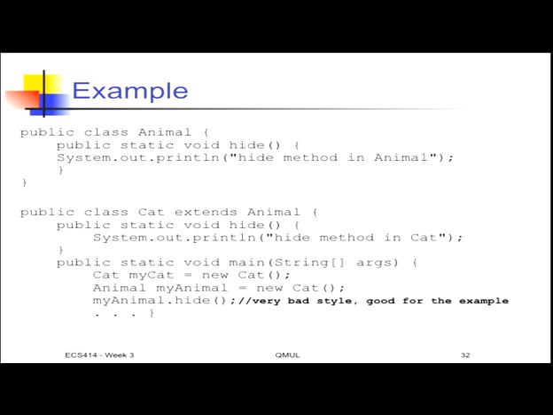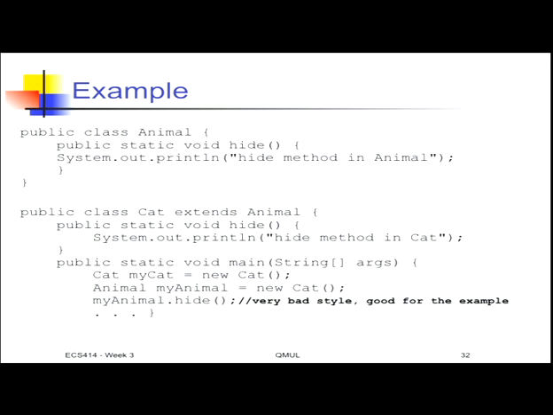Now, if we call myAnimal.hide, what do you think will be printed on the screen? Hide method in Animal or hide method in Cat? This Java code is correct.